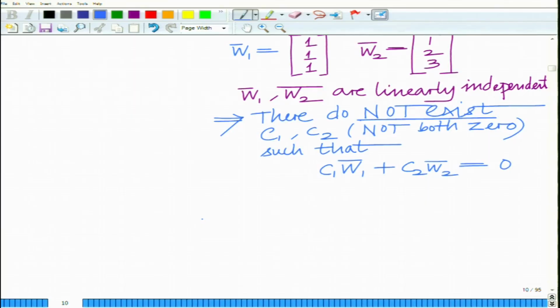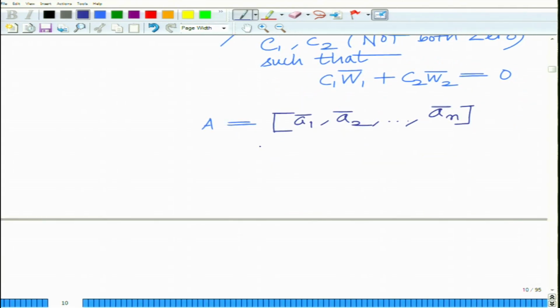Now, if you go back and look at the matrix A, one can use this concept of linear independence to define the rank of the matrix A. So, let us go back and look at the matrix A. Remember, it is an m cross n matrix, so you can look at it either as n columns, or as m rows. Okay.